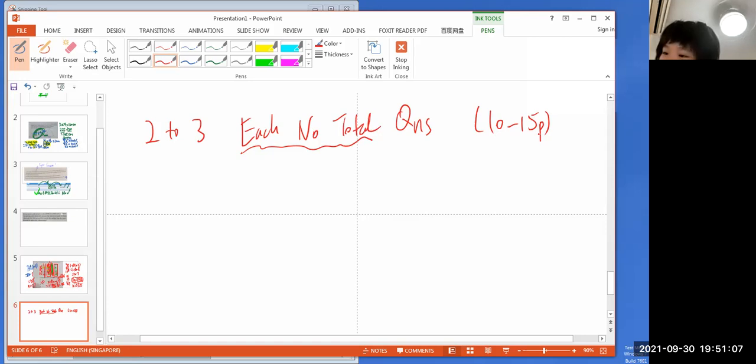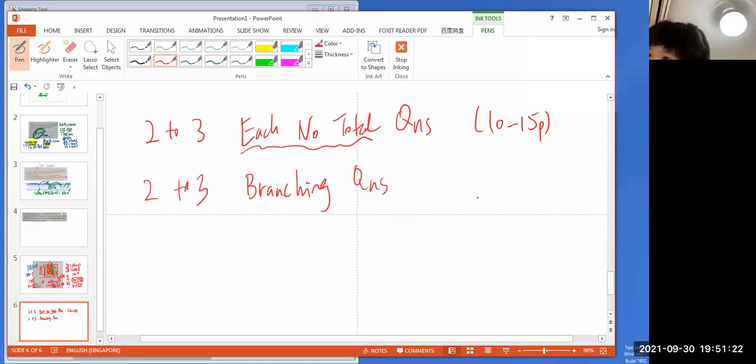Let's say 3 questions, then 15 divided by 3 is 5 marks each. Then now the branching questions. I think 2 to 3 as well, so that will be 10 to 15 points as well. So these two add to 30 points already.